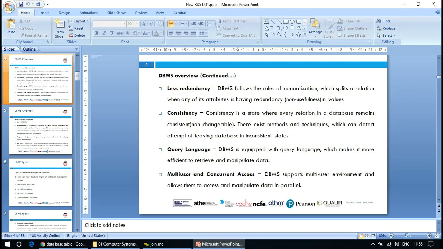However, if it was, let's say, a Word file, then by mistake when you type on the keyboard, it can change anywhere on the screen or anywhere in the page, isn't it? But databases give you consistent, non-changeable things, isn't it?